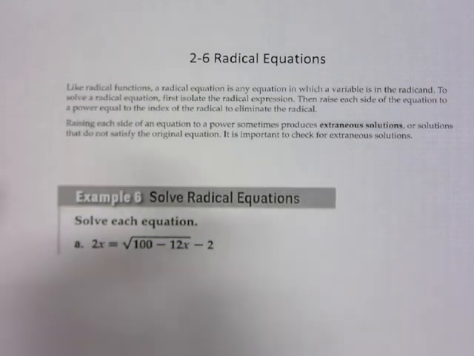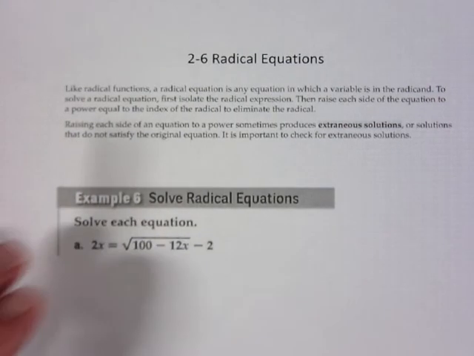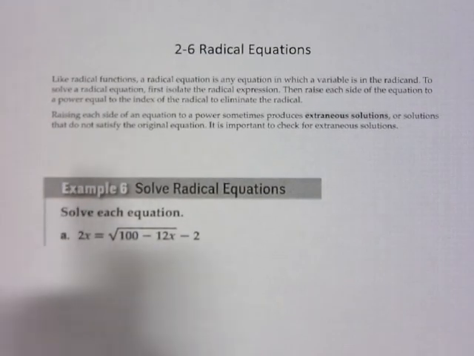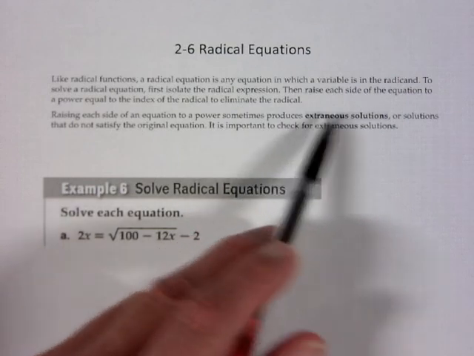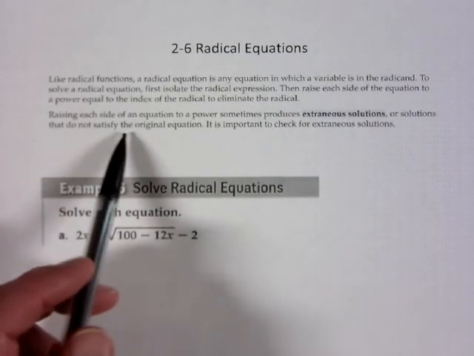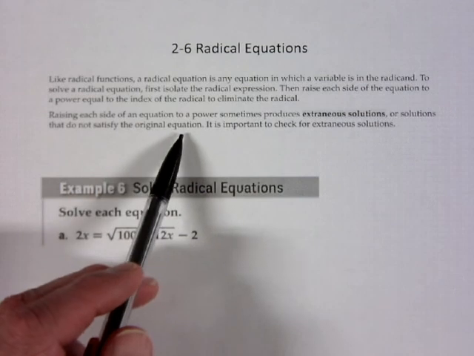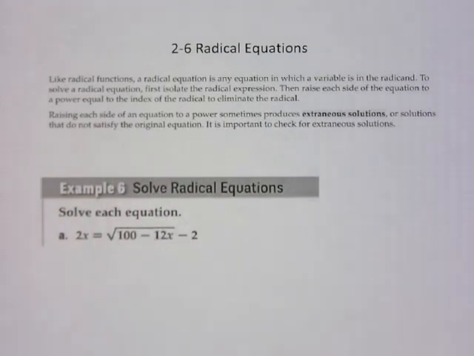All right? Now, here's another key thing that we need to talk about before we even start trying to solve any of these. Raising each side of an equation to a power sometimes produces extraneous solutions, or solutions that do not satisfy the original equation. Anytime you raise both sides of an equation to a power, or you're solving absolute value equations, those are the two main situations where extraneous solutions could get introduced.